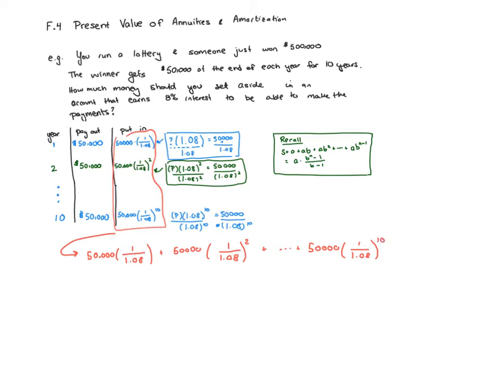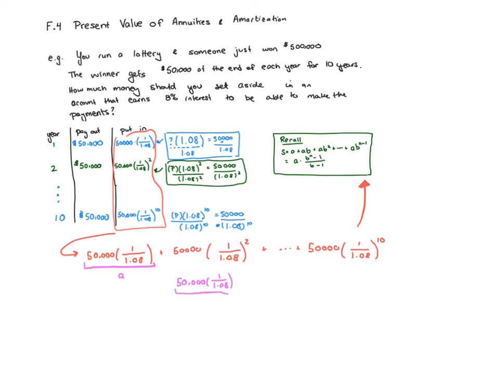Okay, so now we're going to use our geometric sum formula to figure out what this is equal to. The problem is it's going to be a little weird because our first term, that should be our A, but it already has a 1.08 in there. So what I really need to do is take one of these 1.08s away, 1 over 1.08.